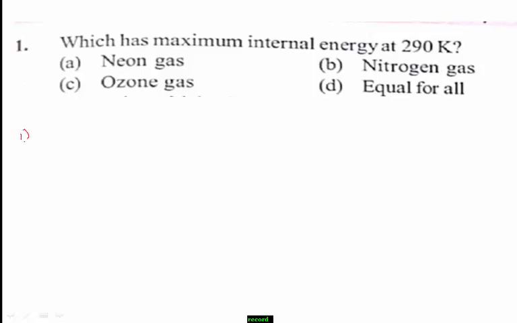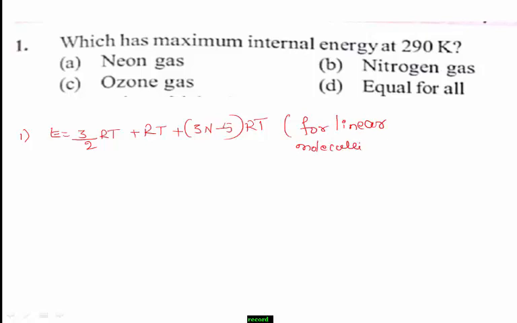See here, I write one formula, that is E equal to, it means internal energy, or it may be taken as U, E equal to 3 by 2 RT plus RT plus of 3n minus 5 RT. This one is for linear molecule. This formula helps to calculate the internal energy for the molecule which is linear in shape.